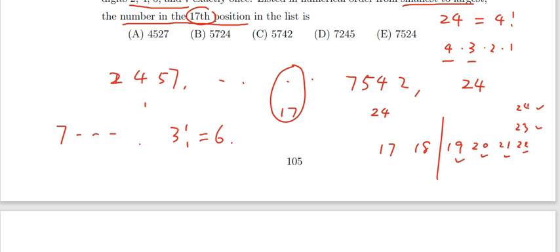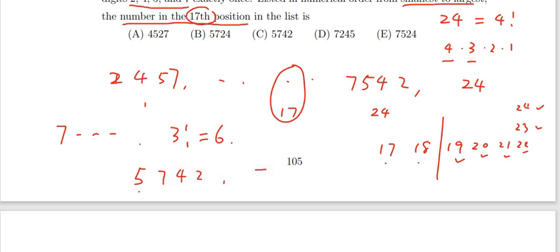Those numbers have first digit 7. So for this position, the first number should be 5, the second largest. So with first number 5, the largest is 5, 7, 4, 2.